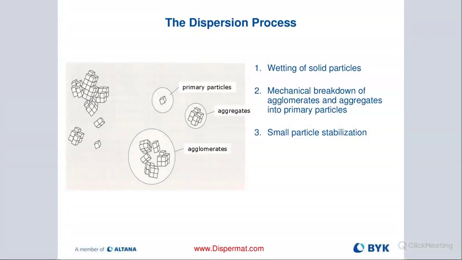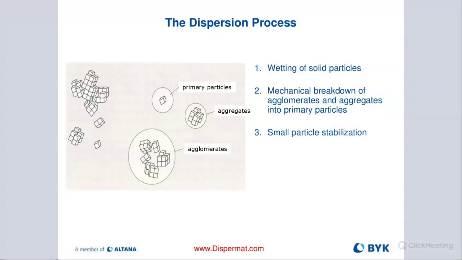What we want to do is break up these binding forces and turn them into aggregates, and then ideally reduce them further down to the primary particle size. That's really what we're doing when we're dispersing materials.